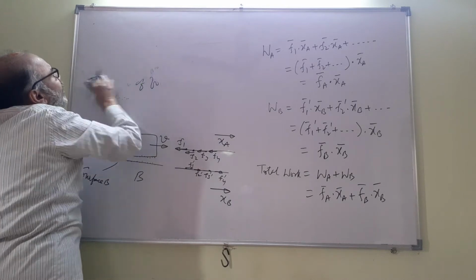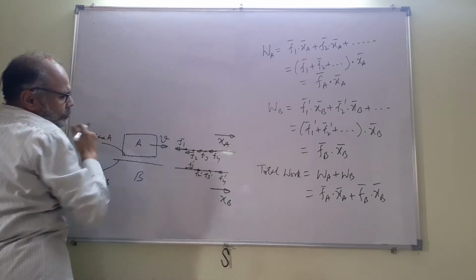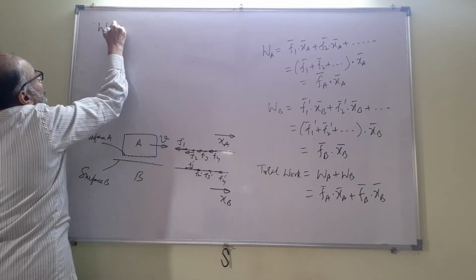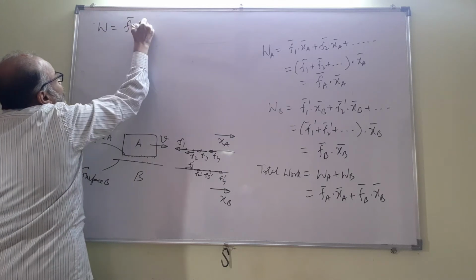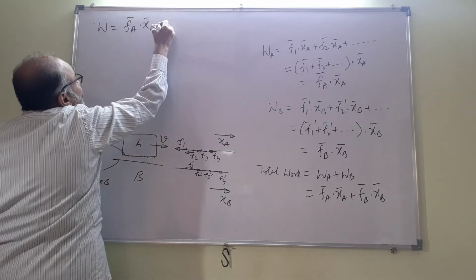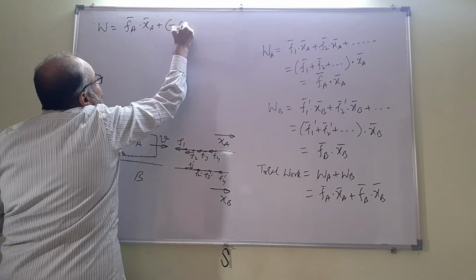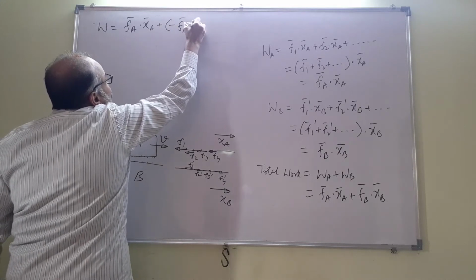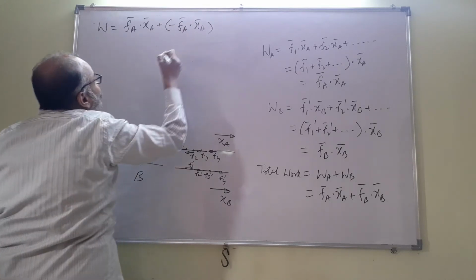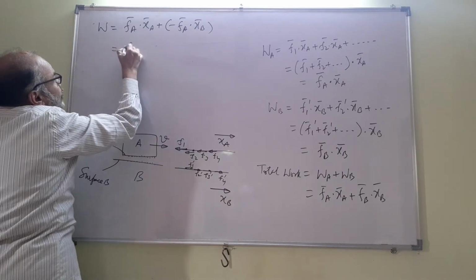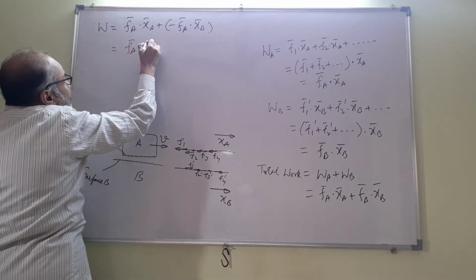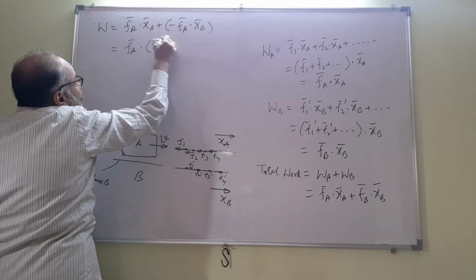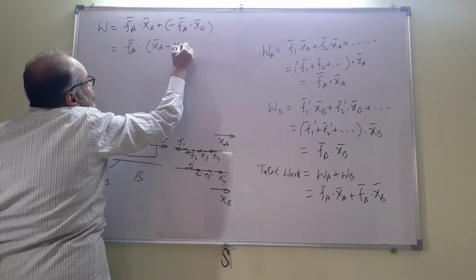So the total work W becomes FA dot XA plus minus FA dot XB. So FA is common here now, and I get XA minus XB.